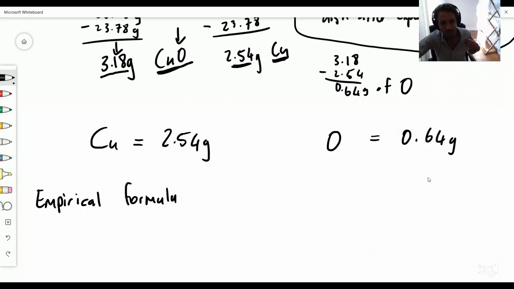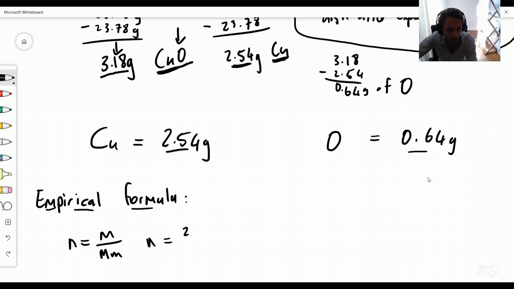So what do we do with empirical formula? We've been given grams, we know this already, we have to work out the moles. So moles equals mass over molar mass, and so for copper, 2.54 divided by the molar mass of copper, which is 63.5, is going to give me 0.04 mole of copper.